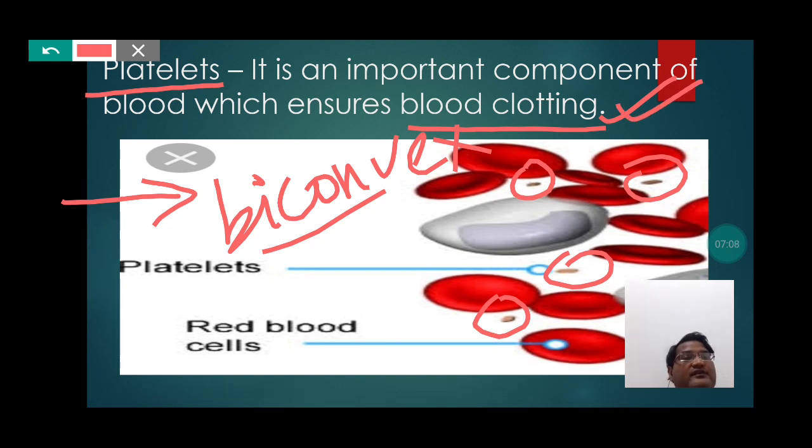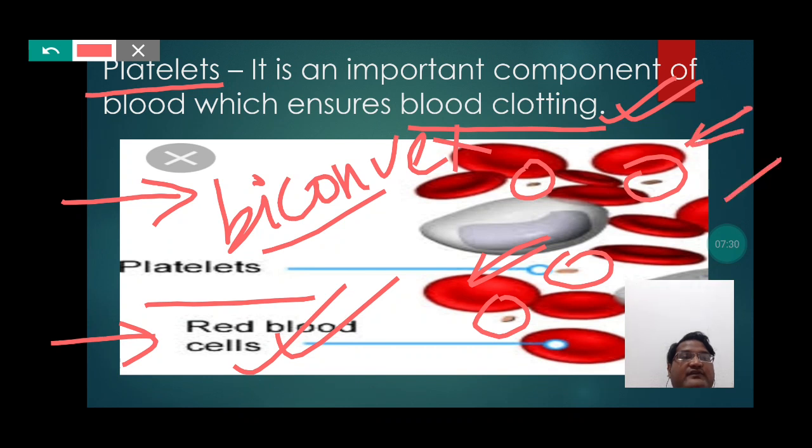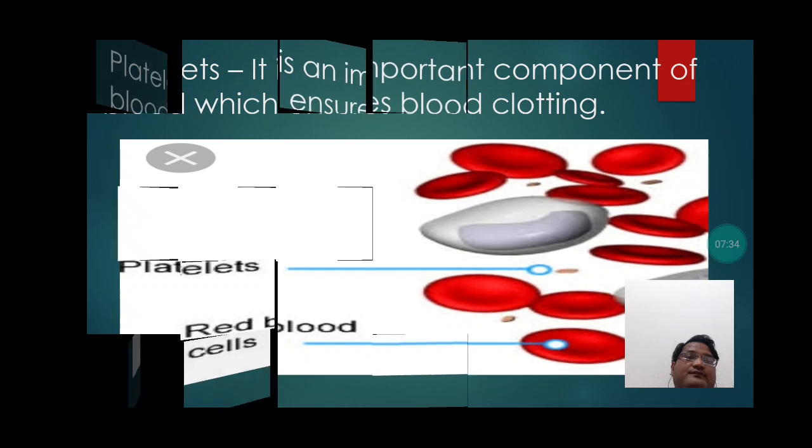Blood clotting is the process by which excessive release of blood is stopped so that the person can recover. Students, if you concentrate on this picture, you can also notice along with the platelets there are red blood cells also. These are the red blood cells and they are red due to the presence of hemoglobin.